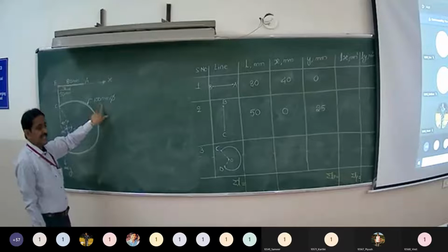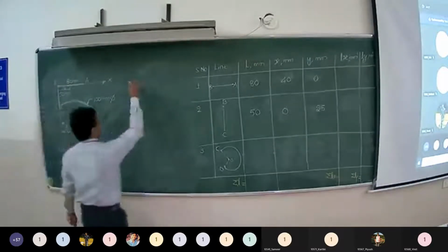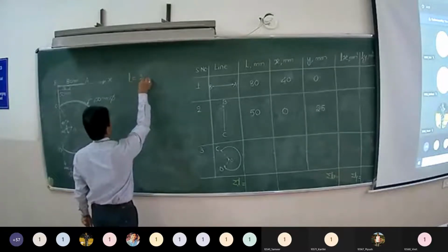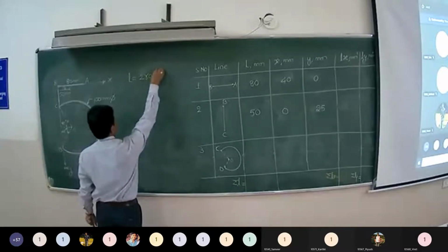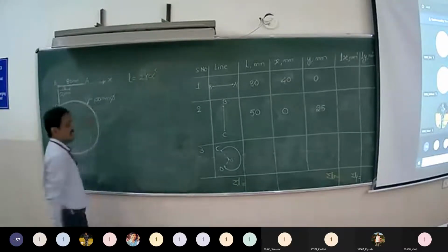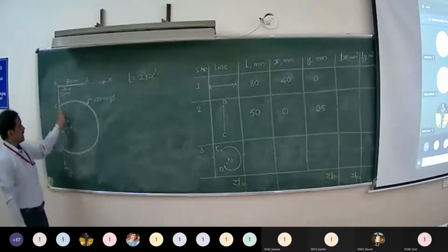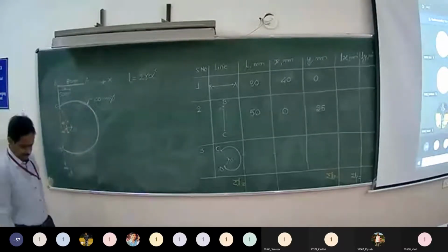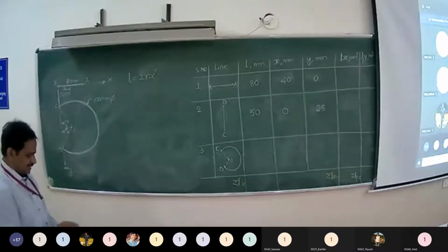It is the diameter of this circular arc. Okay. Length of the arc is given by 2 r alpha, whereas alpha is in radians. Right? Now you tell me, for this circular arc, what is the value of alpha in degrees? First you tell me in degrees.